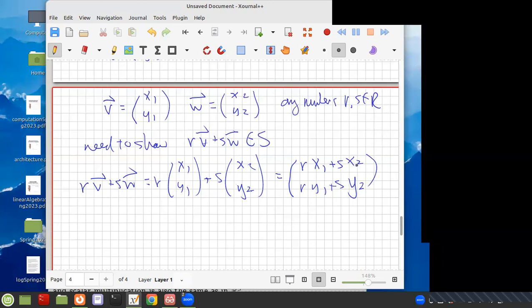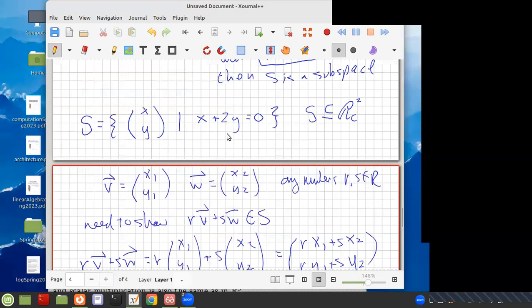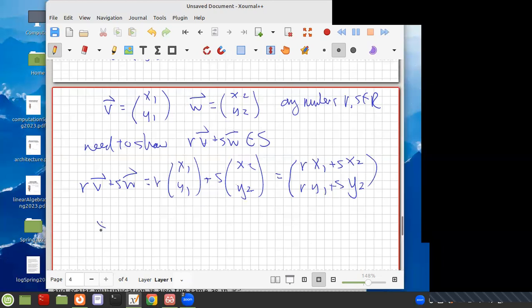Okay. Now, the question is, I need to show that this is in S. Well, S has a defining property right here. So if V is in S, then I know that X1 plus 2Y1 equals 0. And also that X2 plus 2Y2 equals 0 because W also has to be in there. Now what do I need to show?